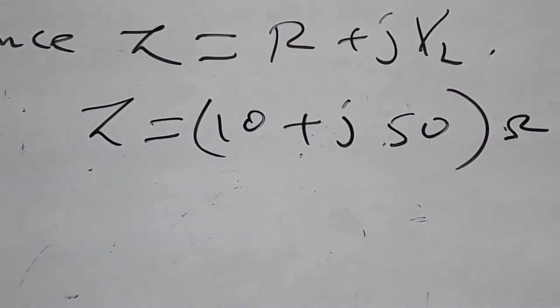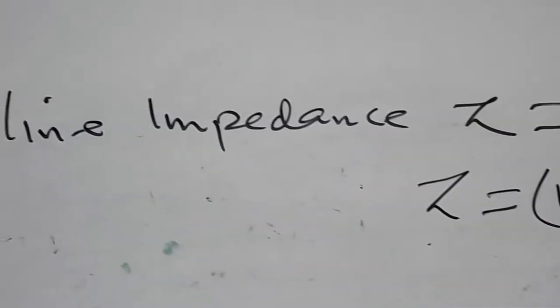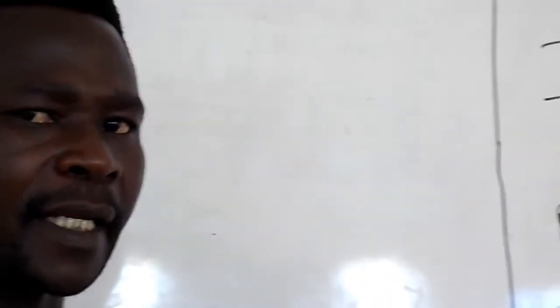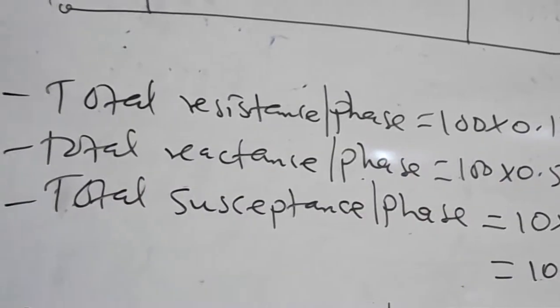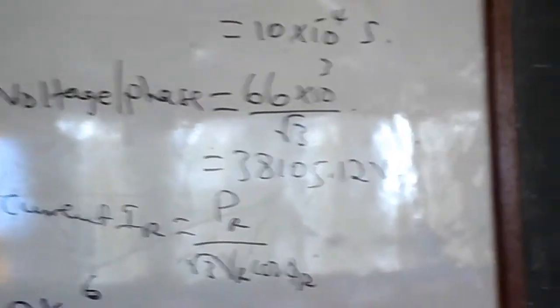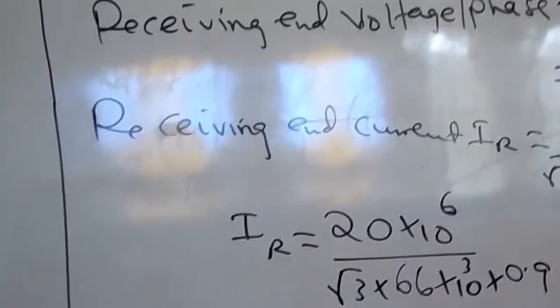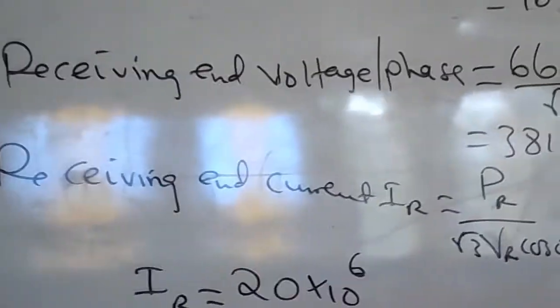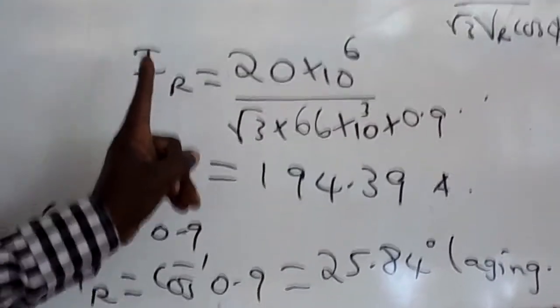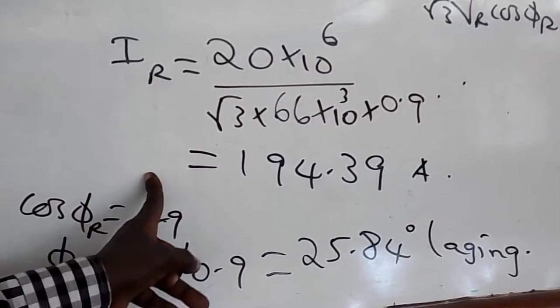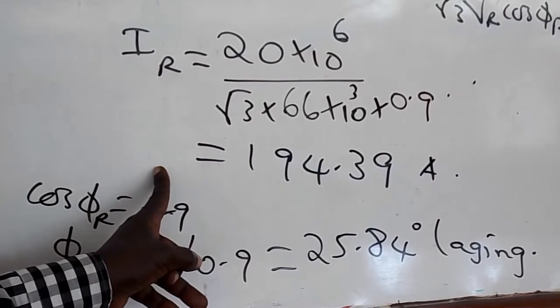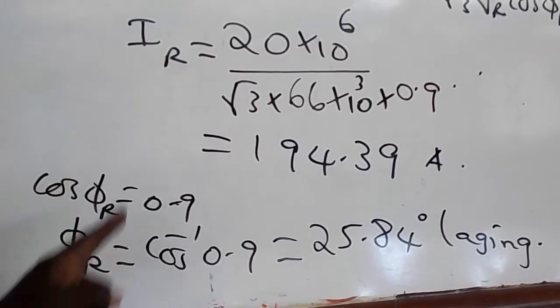Now, remember, what we have as the receiving end current is the magnitude. This is just the magnitude of the receiving end current. And this current, the receiving end current, is lagging behind the receiving end voltage by an angle of 25.84 degrees. So from here, we are able to get the phasor value of the receiving end current.